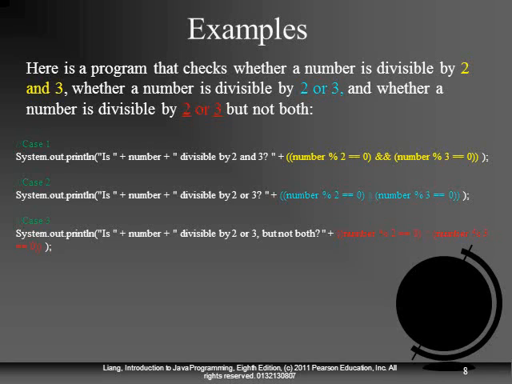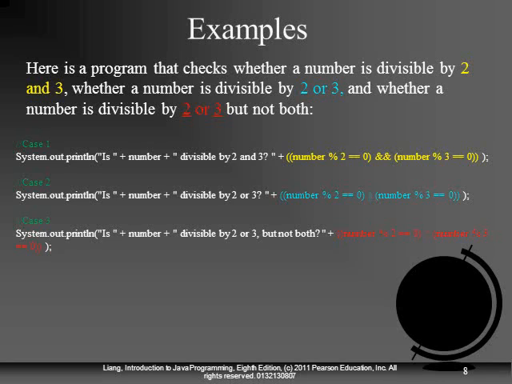Also, if we just want to print whether this number is divisible by 2 and 3, or we just want the outcome, Boolean expressions evaluate to a value. These expressions will evaluate to either true or false, and my display will show those values.